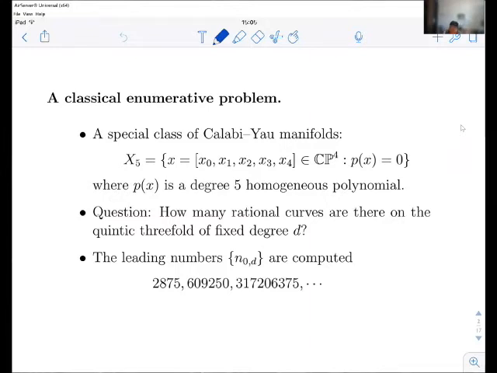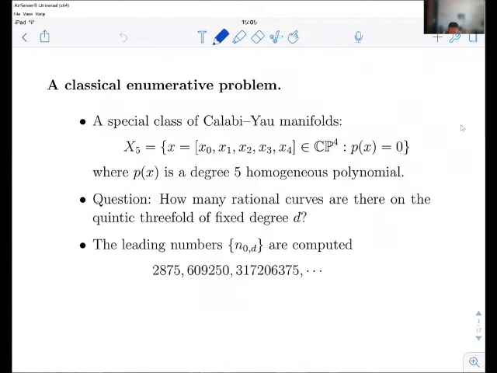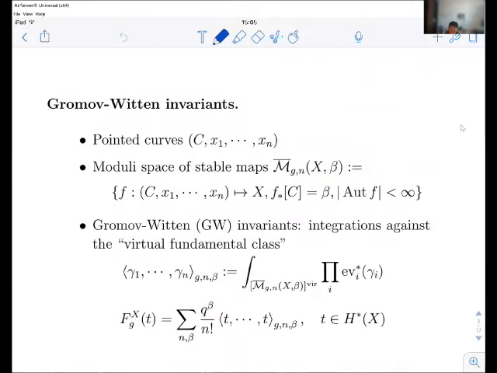So what we call the modern enumerative invariants are the so-called Gromov-Witten invariants. They are defined by the following data. First we consider pointed curves, where C is an algebraic curve with some special points, which we call marked points. And then we consider the moduli space of stable maps.